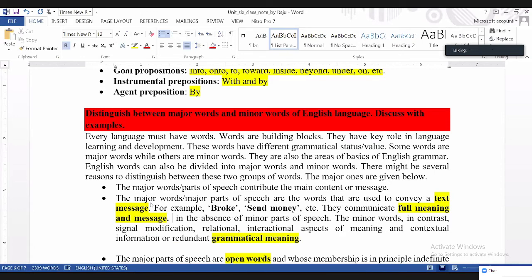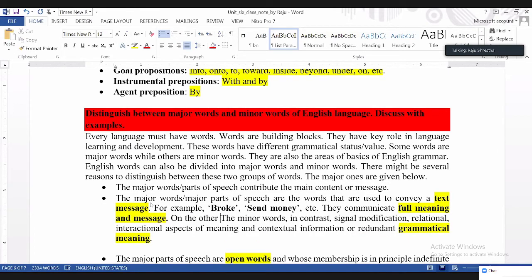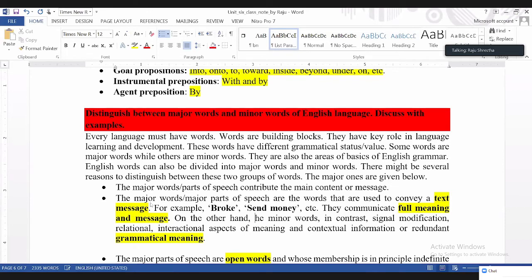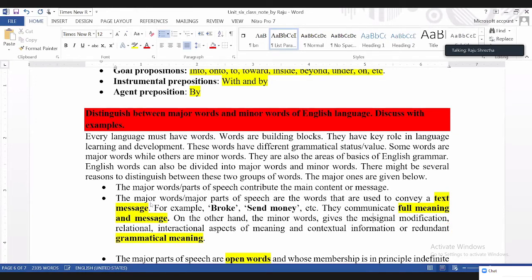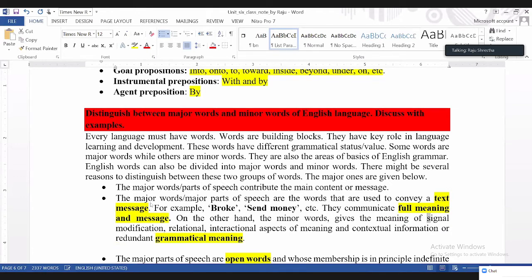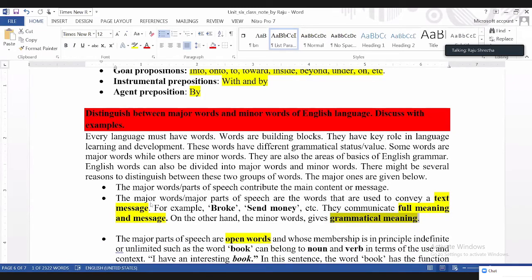Then on the other hand, the minor words give the meaning of modifications, relation, preposition, then grammatical meaning.